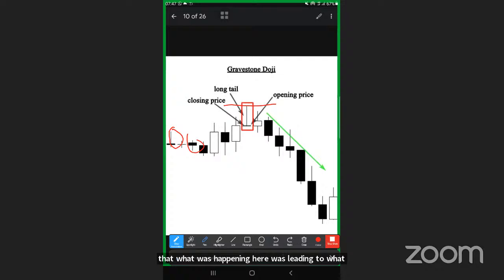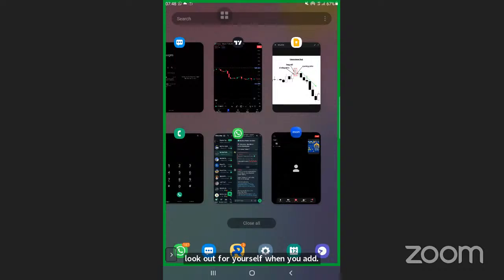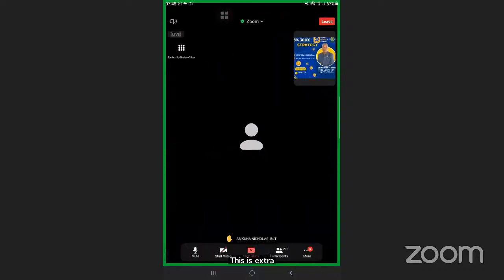This fighting, the results exactly came out here: now buyers have lost power, sellers have taken over the market. So look out for yourself when you are trading. This is just extra knowledge, guys.